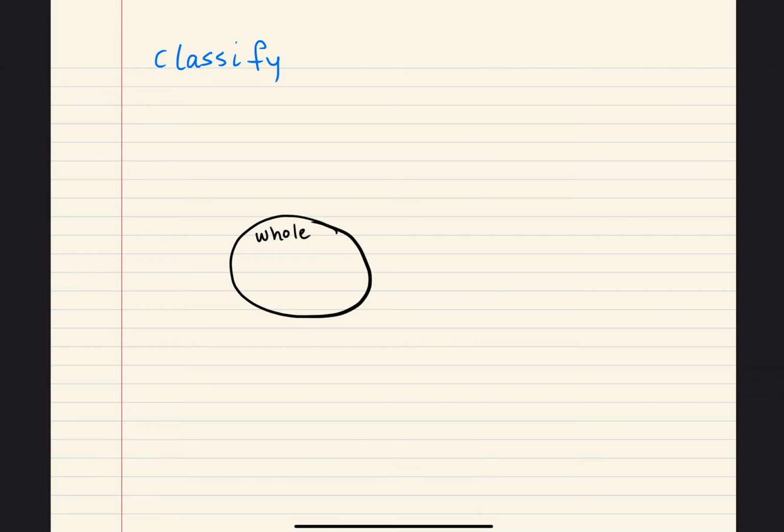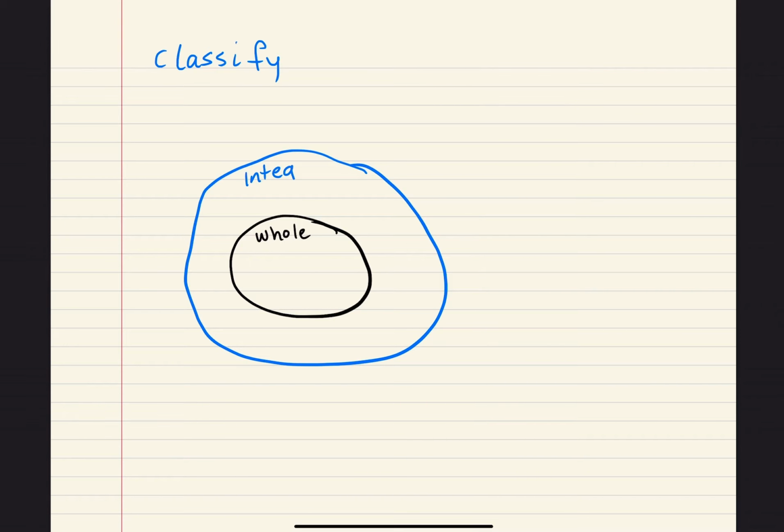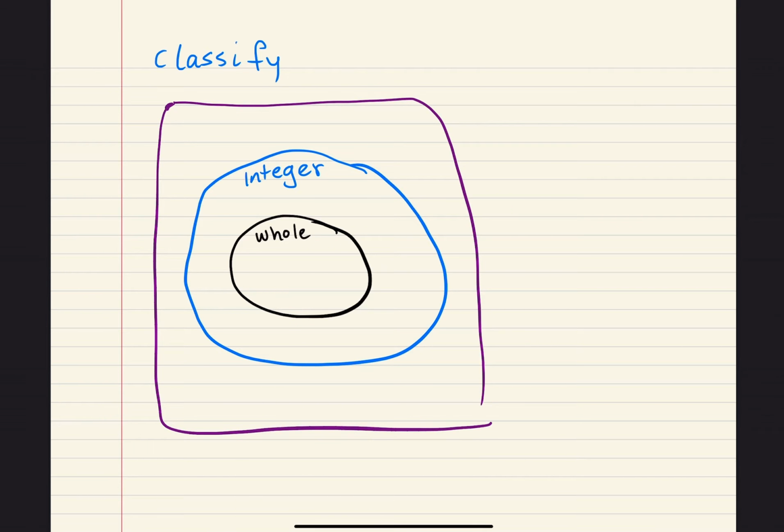The next one is integers. Because whole numbers and their negatives we call integers, whole numbers come inside integers. So this is integers. Now, when I was talking about rational numbers, you saw that whole numbers and integers come inside rational numbers. So we can draw a big circle or big rectangle to represent that. So this is my rational numbers.